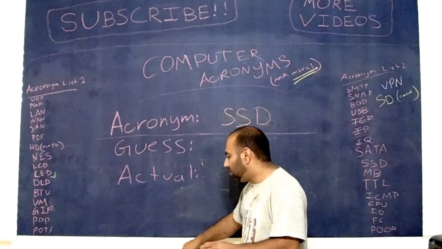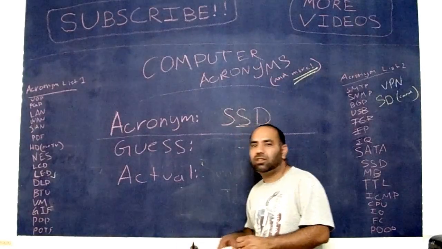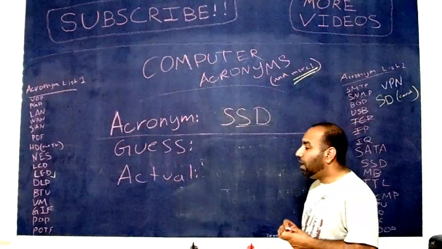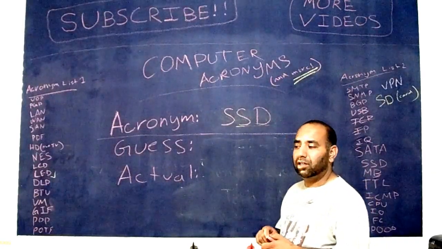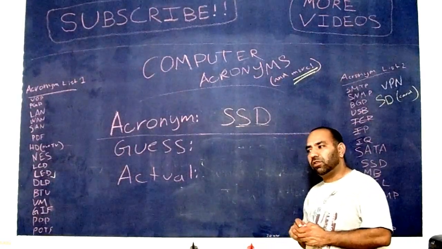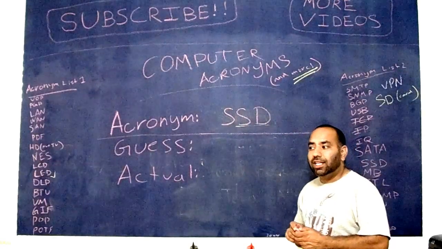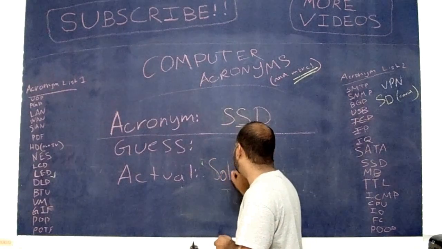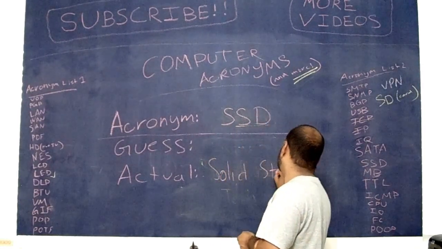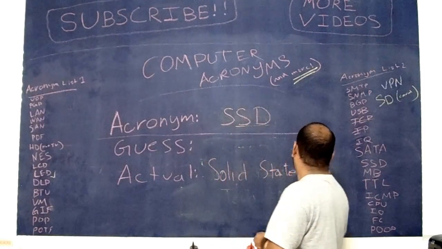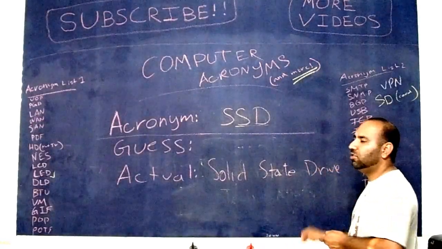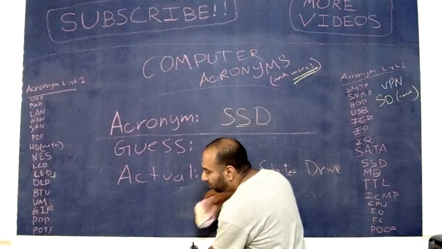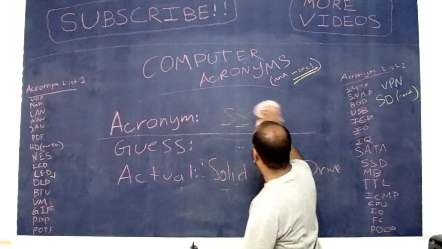And you can get solid state drives up to probably 300 gigs these days for a few hundred dollars, but they're a whole lot faster compared to the regular SATA drives, or serial ATA drives, or IDE drives. So SSD actually stands for solid state drive because it has no moving parts. It just has solid chips all over the device.